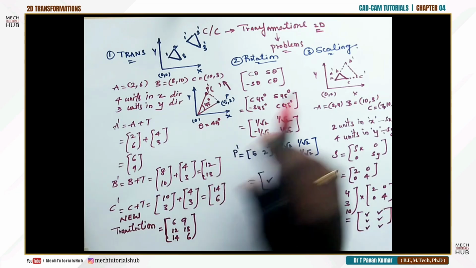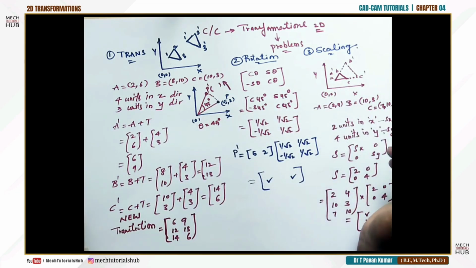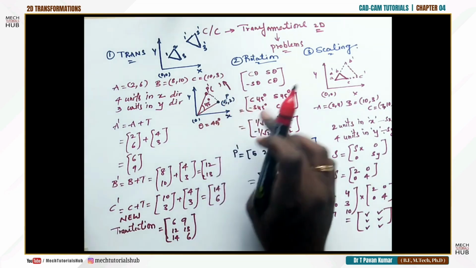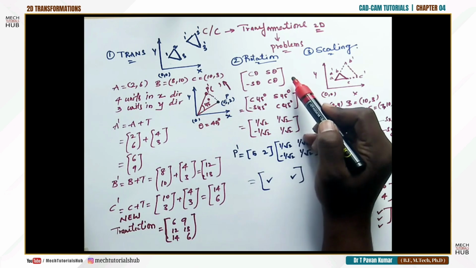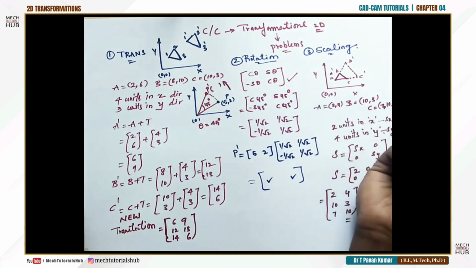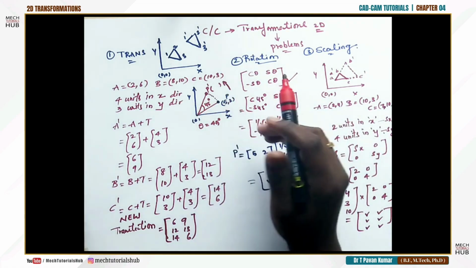Okay, now all 2D transformations, whether it is scaling, rotation or translation, are very simple problems. You find a bit of difficulty when it comes to 3D transformations. Now in the case of rotation, the matrix will not be cos, sin, minus sin, cos all the time. It all depends. Now as we are working on the xy plane, rotation is with respect to the z axis.